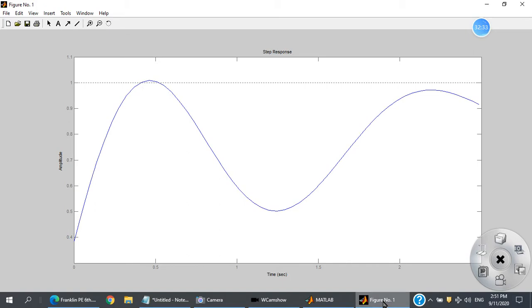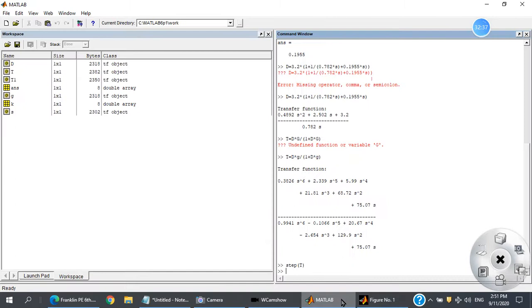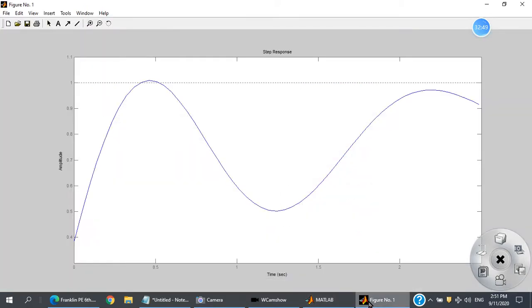It is still not so good. It is D times G over 1 plus D times G. So we have a controller that looks like this. But at least this is a stable one, right?